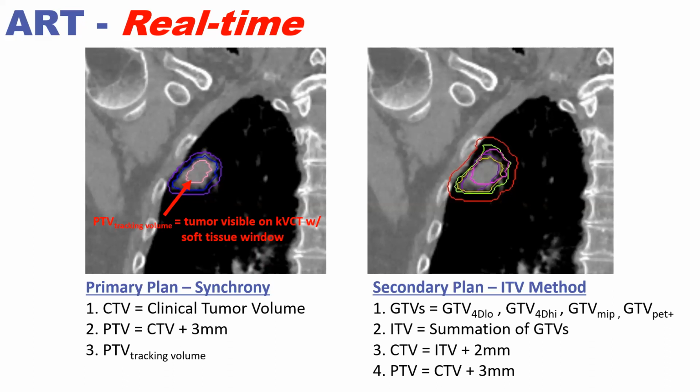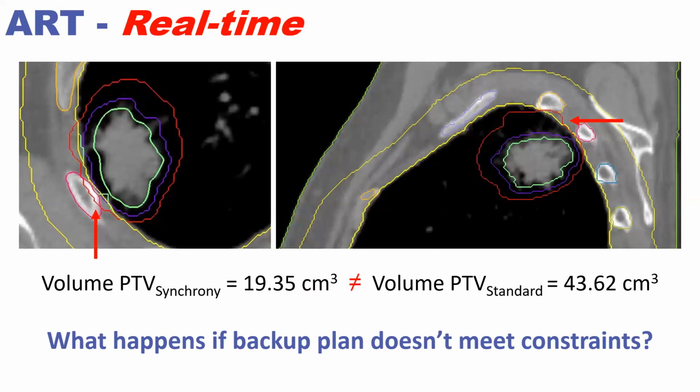This is pretty simple: we define the CTV, we add on a 3 millimeter margin. There's a PTV tracking volume, which, simply put, is what they discuss for their algorithm: the visible tumor on a soft tissue window. But these are 2 completely different treatment volumes. So this also needs to be discussed and planned, because essentially one is half the other.